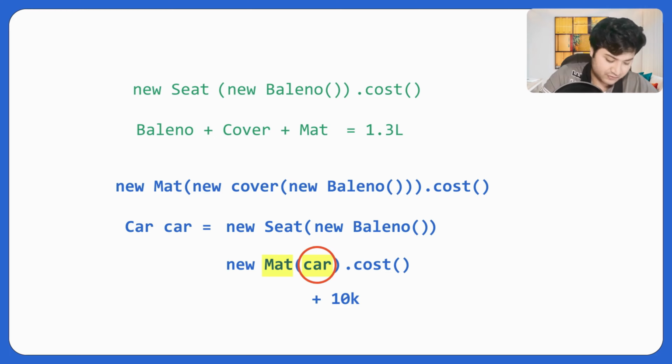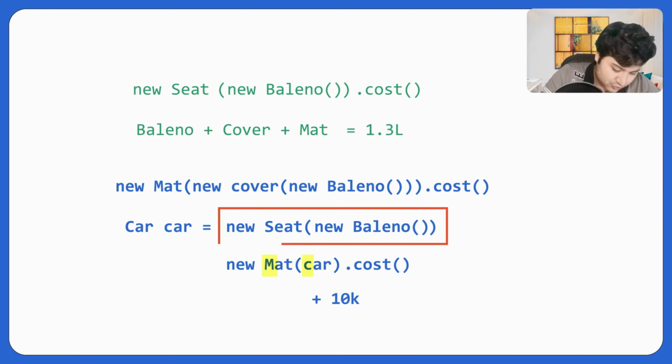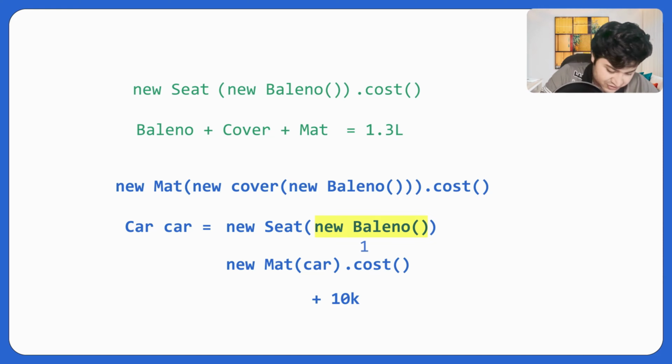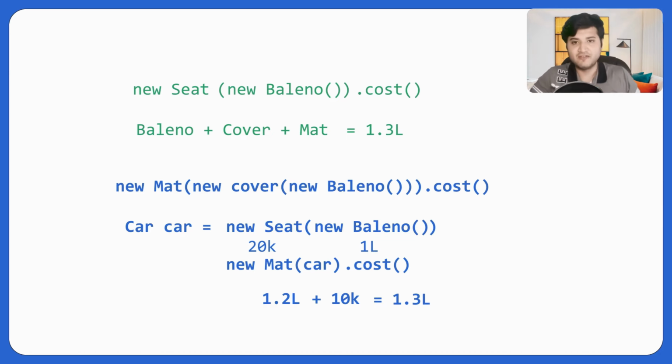Now what is the cost of this? The cost of base car, which is 1 lakh, plus the cost of my seat, which was 20k. So this comes out to be 1.2 lakhs, plus 10k is equal to 1.3 lakhs. I hope you have understood this in a much better way, and we'll see the code also now.